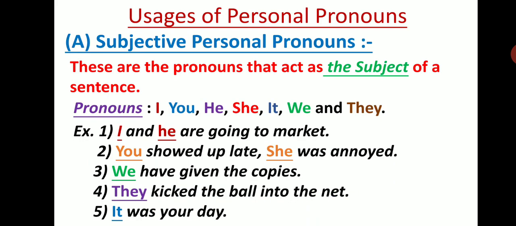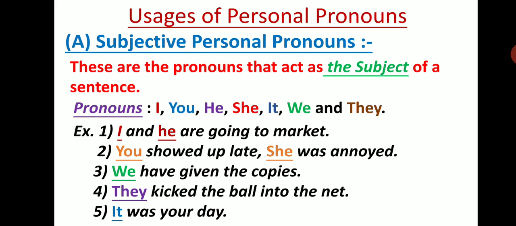Now let's see the uses of personal pronouns. The first use of the personal pronoun is subjective.